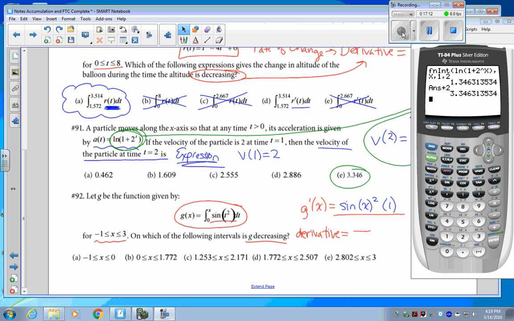So here's my derivative written in blue, and it's the sine of x squared. And I do have times 1, the derivative of the inside is a 1. So now what I need to know is where this thing is negative, because this is my derivative. So please pause the video here, use your calculator, make sure you're in radian mode, and go ahead and answer this question, please.